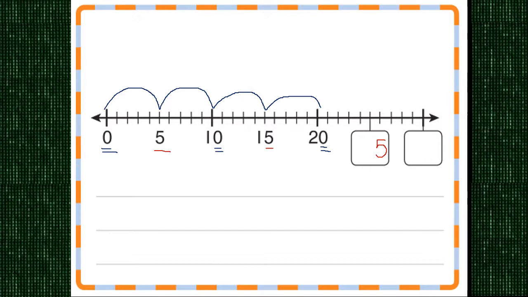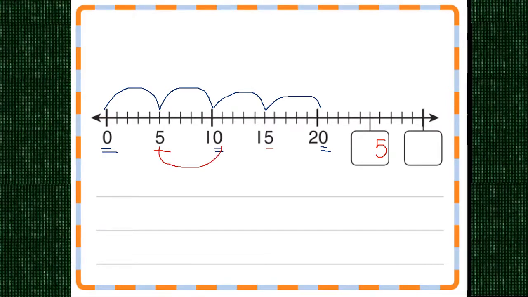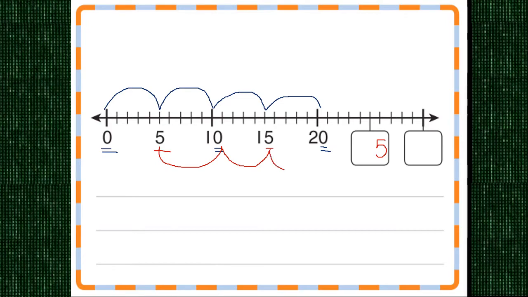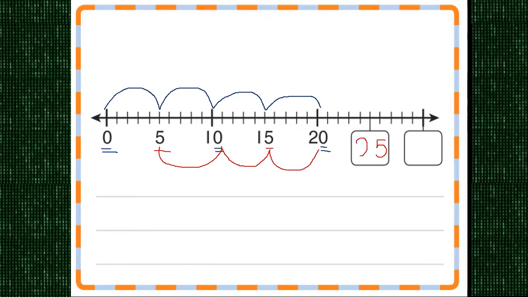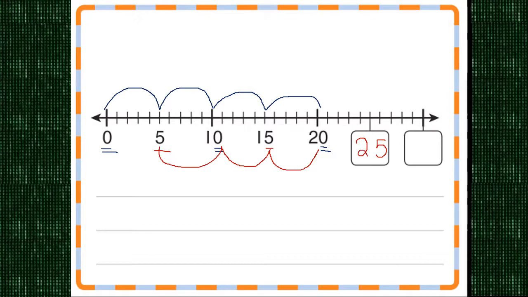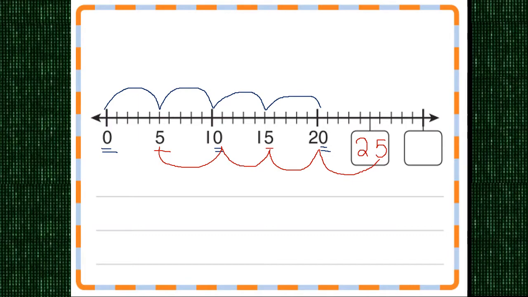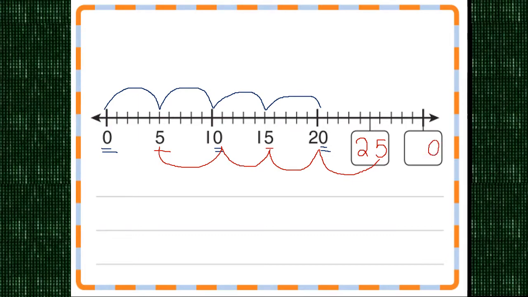Okay, and if we're just going up, 5 plus 5 is 10, plus 5 is 15, plus 5 is 20, and what's 20 plus 5? 25. So if we look at our ones place now, we're at 5 again, which means the next number should end in a 0.